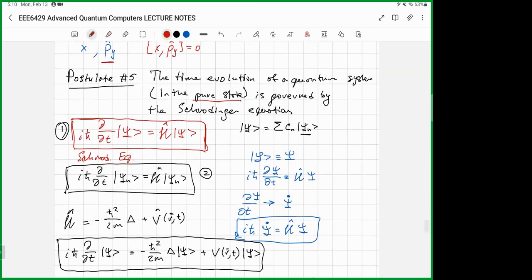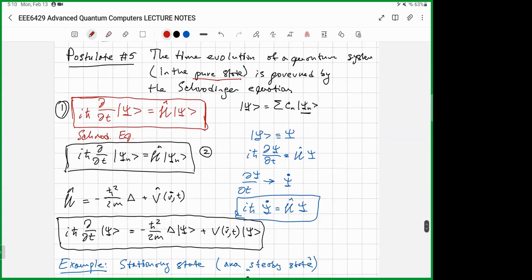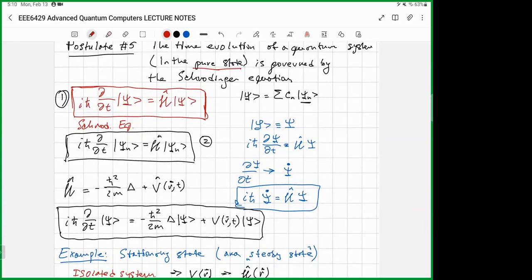Then we also discussed postulate number 5, which tells us about the time evolution of the quantum system. So basically, the quantum evolution of a system is described by this Schrödinger equation. This is the main equation in the quantum theory, presented by this one, right? i h bar times the time derivative of the state vector is equal to the operator product of the Hamiltonian and the state vector.